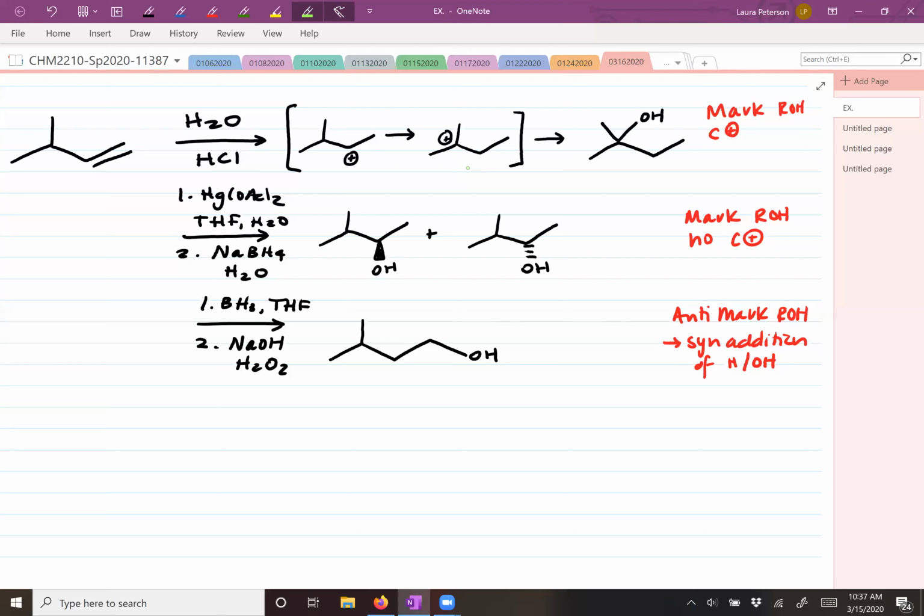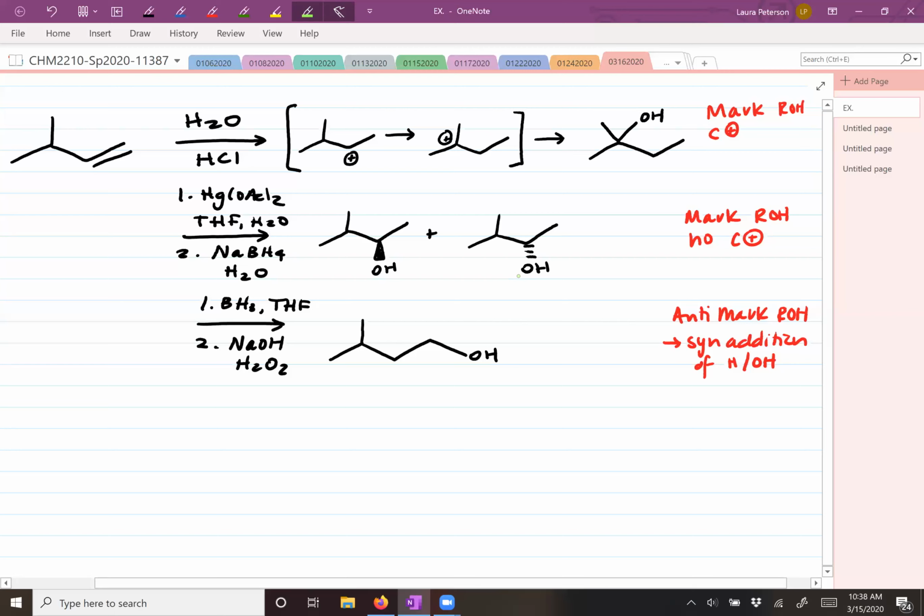In this case, we end up with this racemic mixture of alcohols at the more substituted position of our alkene. And then lastly, we have hydroboration oxidation, wherein we obtain anti-Markovnikov alcohols. We've predicted the product here, and you can see we obtain this primary alcohol. Remember with hydroboration oxidation, this third reaction, that if we were generating new chiral centers, we would see syn addition of H and OH.